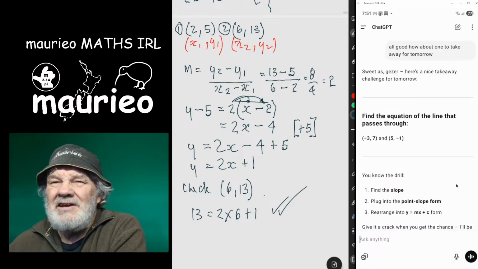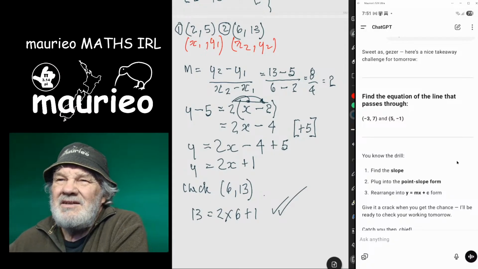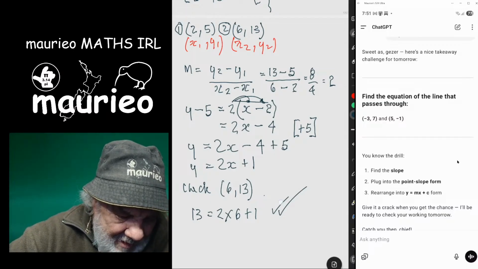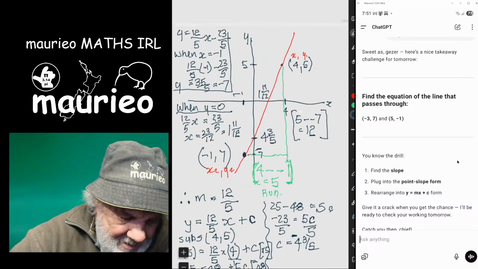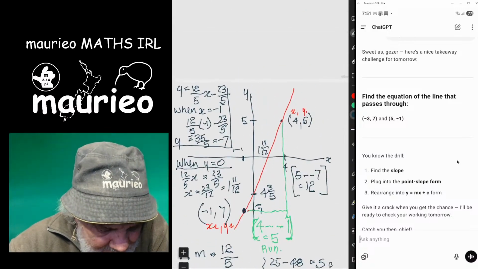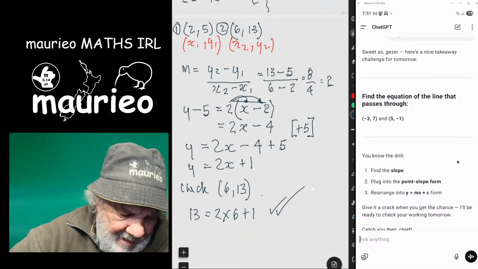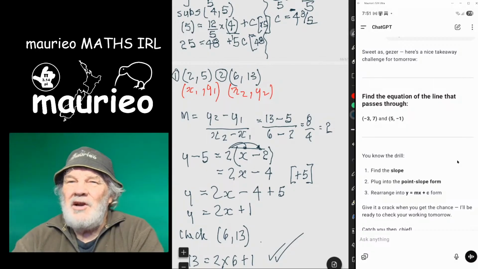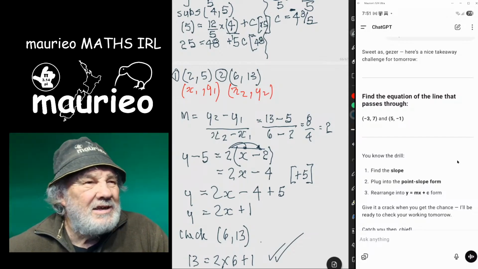And we'll check that out tomorrow. Yeah, -3, 7, and 5, -1. I don't know, that sounds a little bit familiar. It's not the one I did, is it? No. Oh, that's all good. Okay, all right. So the equation of the line that passes through that, we'll have a look at that tomorrow.